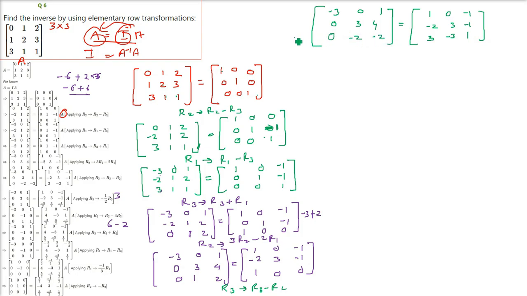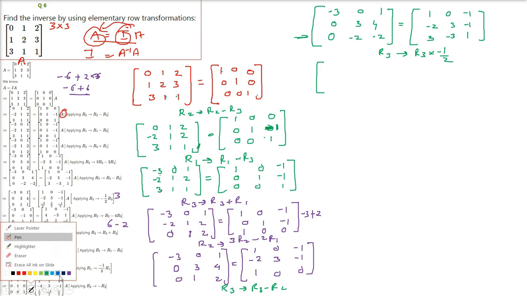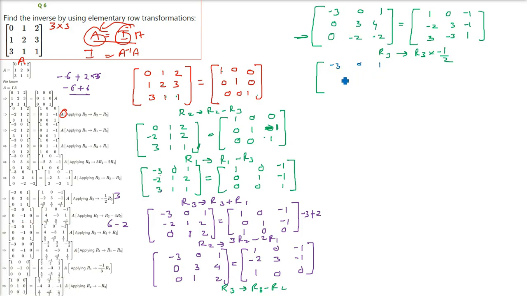So let us change this row 3. Let us try to make it 0s and 1s. So we will multiply row 3 with minus 1 by 2. So all the minus 2 will be gone. We can get rid of them. So I'll just change the color, and it is -3, 0, 1, 0, 3, 4, and multiply this by negative half.